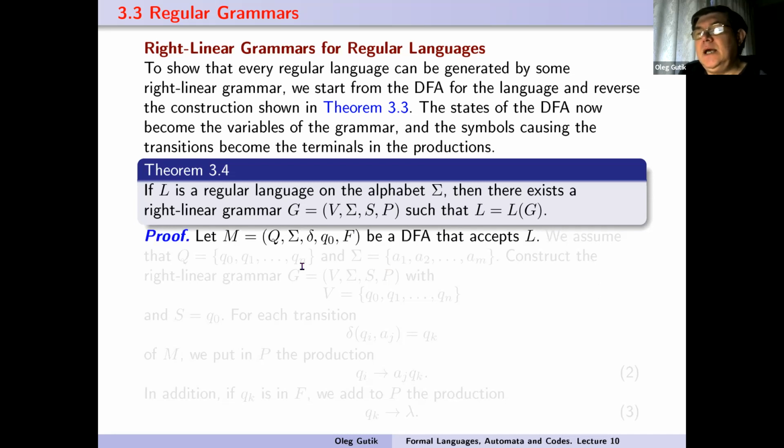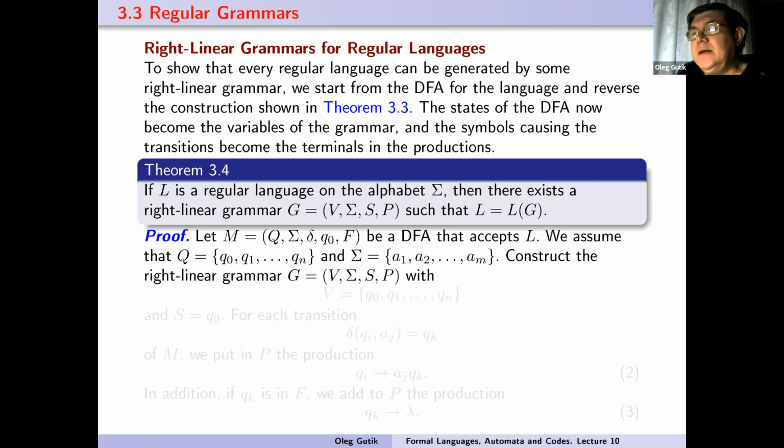Proof. Let M be the deterministic finite acceptor that accepts the language L. It consists of the set of states Q, the alphabet sigma, the transition function delta, the initial state q0, and the finite set of final states F. We assume that the set of states consists of q0, q1, so on, qn, and the alphabet sigma consists of the symbols a1, a2, so on, am.